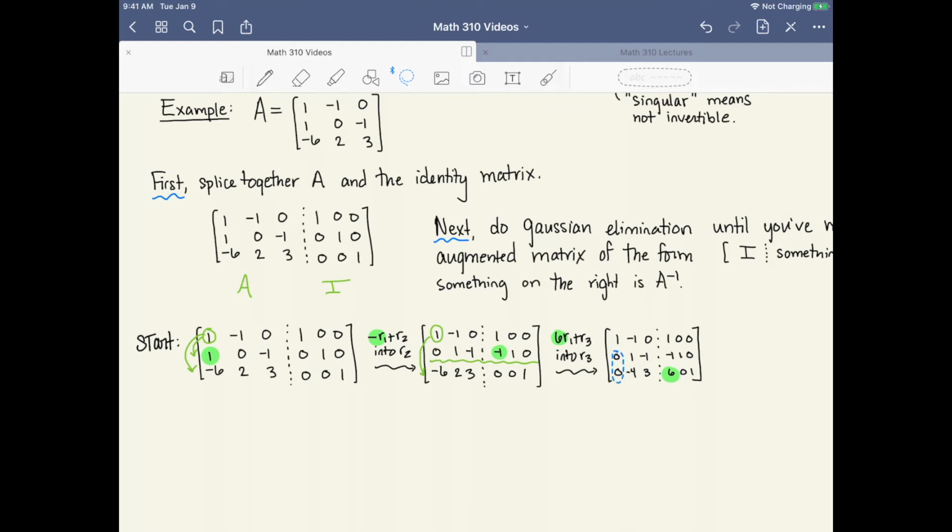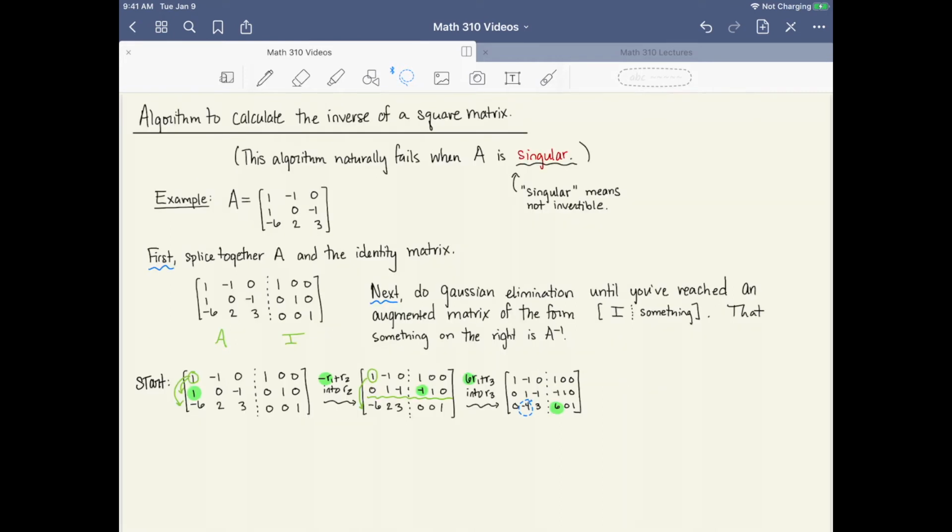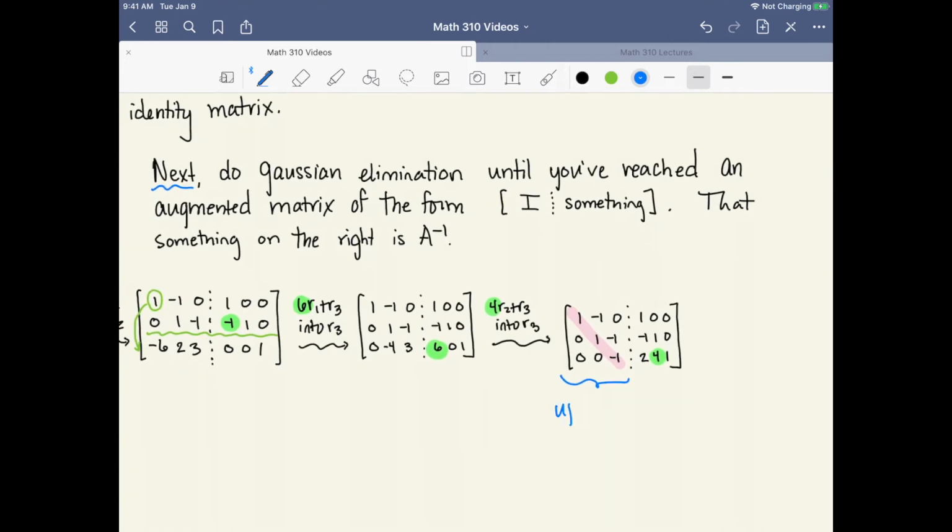So we're going to continue on with our row operations, and the next target is going to be this minus 4. The row operation that we're going to write down then will be 4 row 2 plus row 3 into row 3. And at this point, we've actually produced something which is upper triangular. I've highlighted the diagonal in pink, and we have an upper triangular matrix.